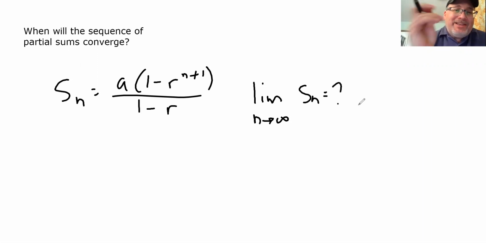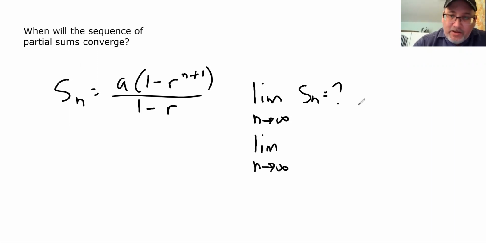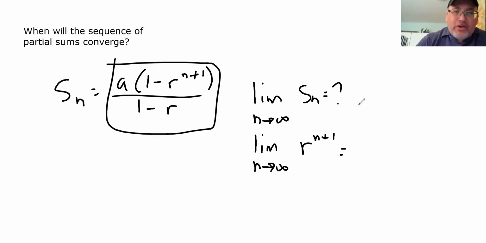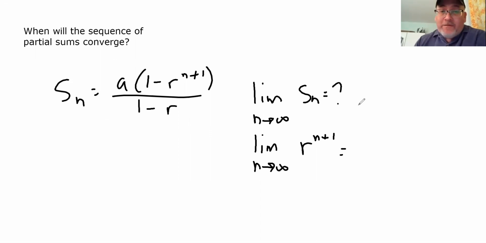But again, because the n is only the exponent on the r, this really boils down to what is the limit as n approaches infinity of r to the n. Because once we know what that does, or rather I should say n plus 1, then we can import the results in over here and figure out whether or not this limit of the partial sums converges.